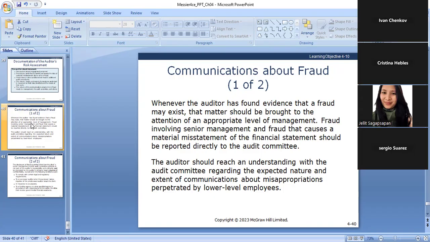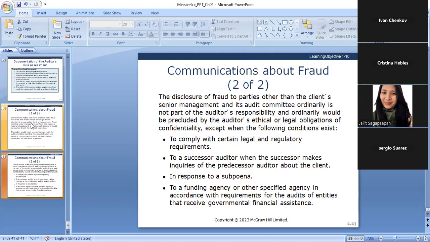The auditor should reach an understanding with the audit committee regarding the expected nature and extent of communication about misappropriation by low-level employees.